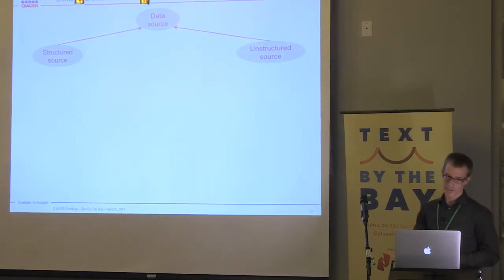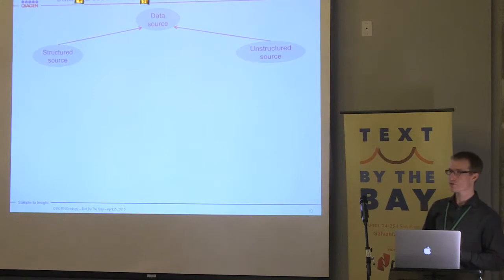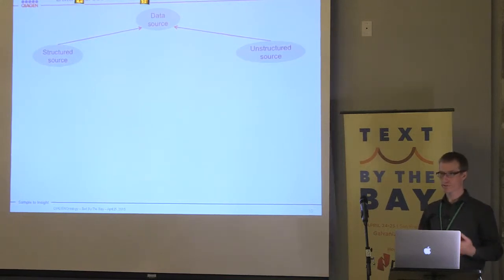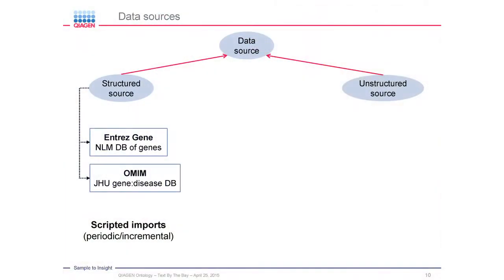So roughly one way to think of these is that sources range from being highly structured, where we can pretty much automate the process because A, they're structured, and B, we trust their structure, to things that are totally unstructured. And I'll give some examples of each and talk about how we deal with those.